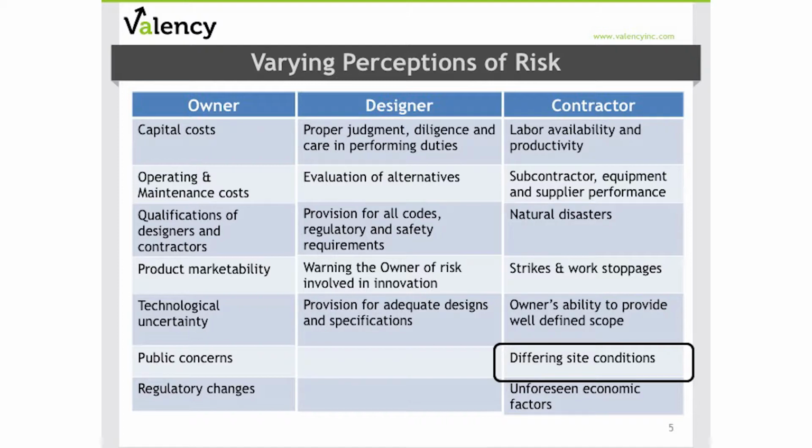Now, if you're a designer and you're responsible for exercising proper judgment and diligence and performing design and engineering duties, you may be much more concerned with making sure you've done a thorough evaluation of alternatives, that you've looked at all the local codes and regulations and safety requirements, and are there any pending changes that might affect that, and also making sure you've got provisions for adequate design and specifications.